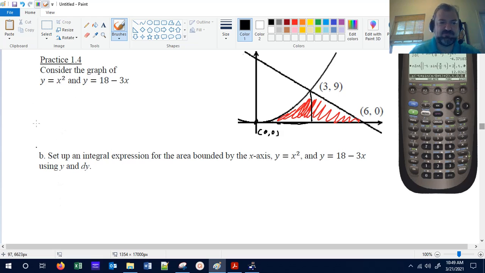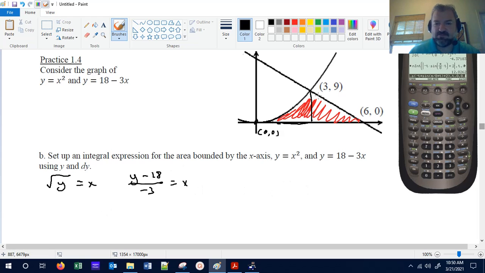Okay, so if I was to solve this for y, I would actually get the plus or minus square root of y is equal to x. But since we're dealing with positive x's, we'll just take the principal square root. And then solving the second equation for x gives me y minus 18 over negative 3 is equal to x.